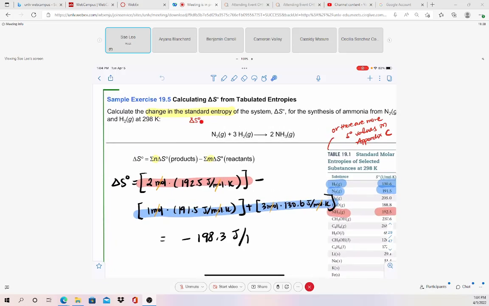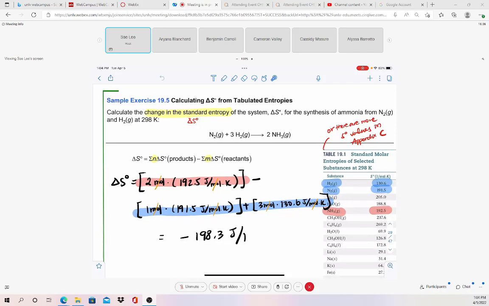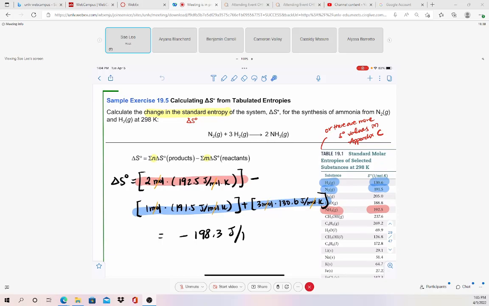Before we finished our lecture last week, we learned how to calculate the standard entropy change of a reaction when standard entropy values of products and reactants are given.